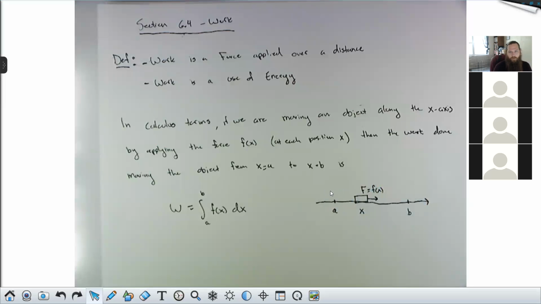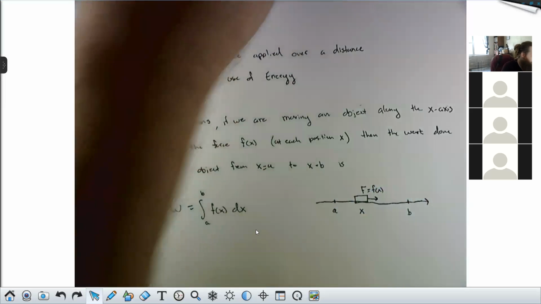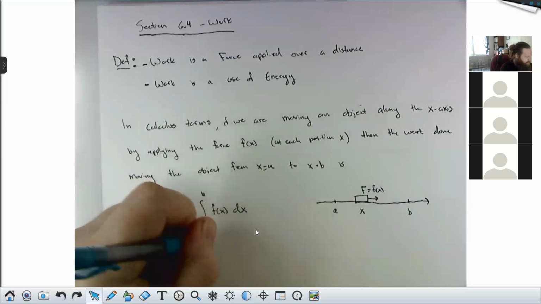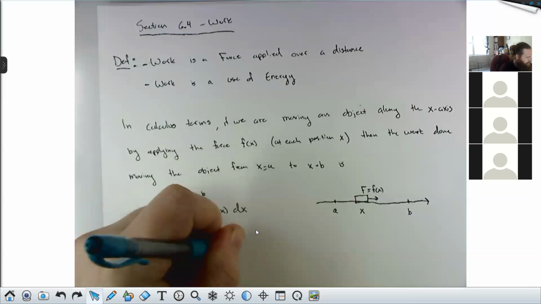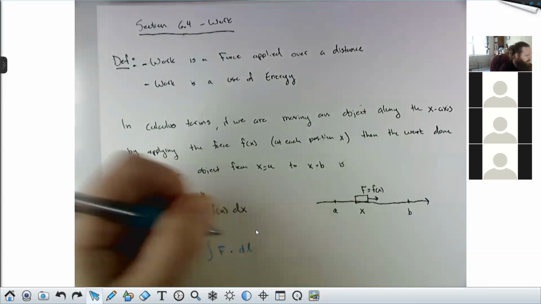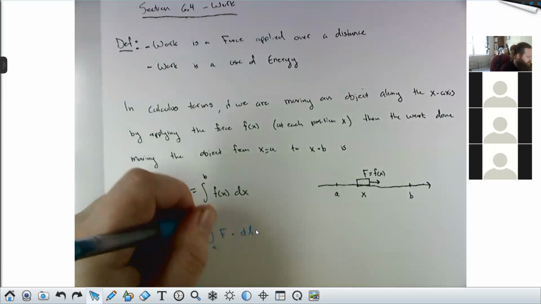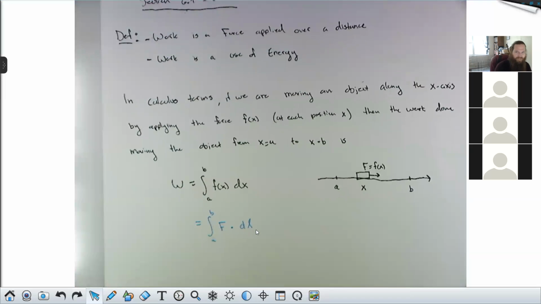And in order to calculate the work that's done moving the object all the way over here, you do this integral. In physics, you'll see this written as the integral of f dot dl. And the integral would usually be done with respect to time in physics. So dl is going to be some little length times a little time, and both of these would be vectors. But for us, we can just take it to be this.